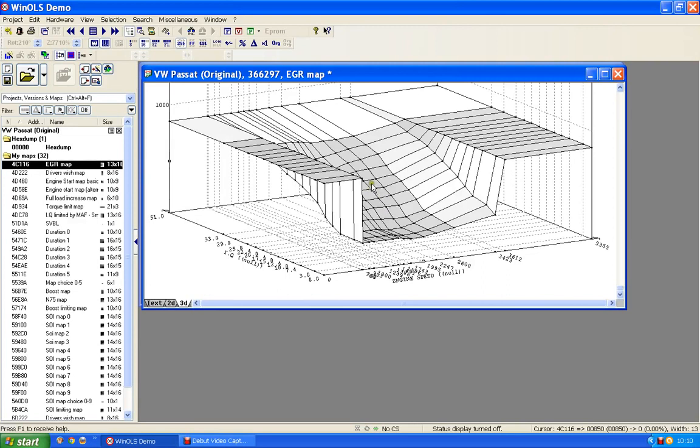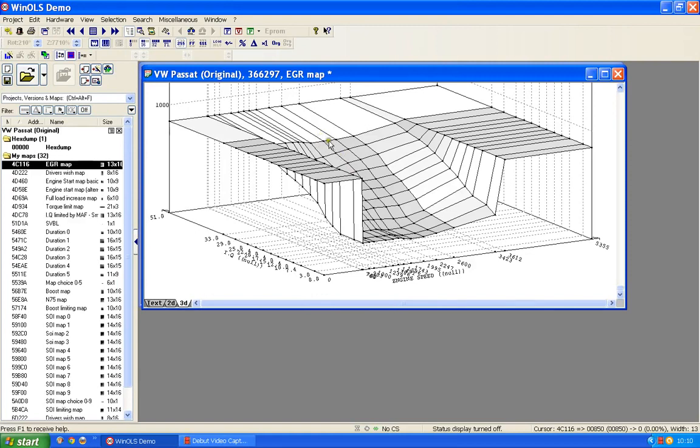Once I get to about here, I've got an injection quantity of somewhere around about 17 milligrams, and at that point I'm getting something like a value of 500, which means the EGR value has fallen to about 350.